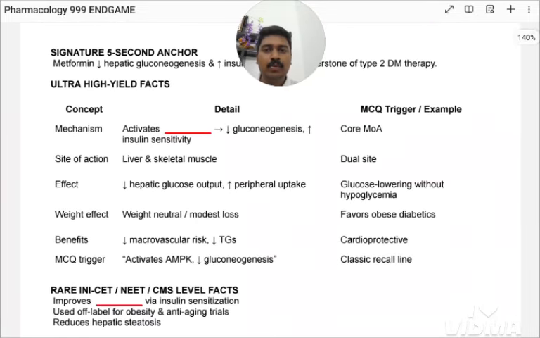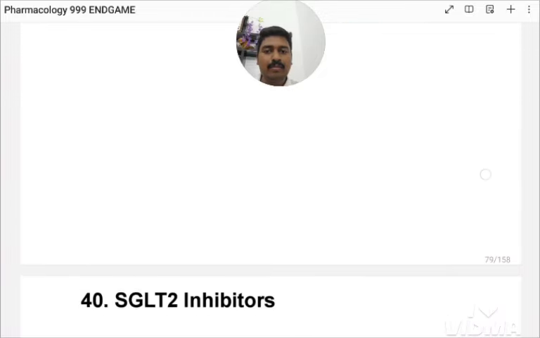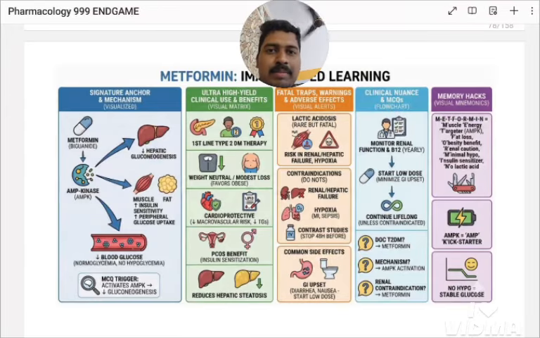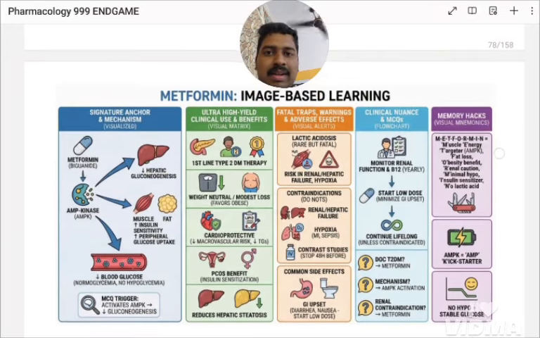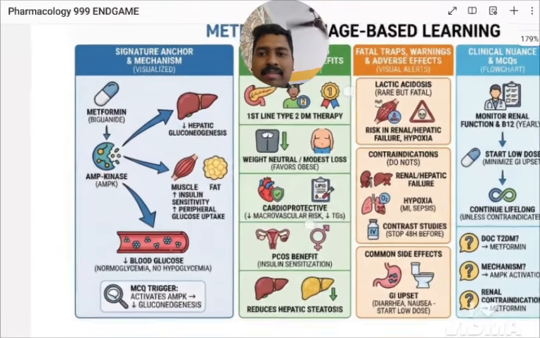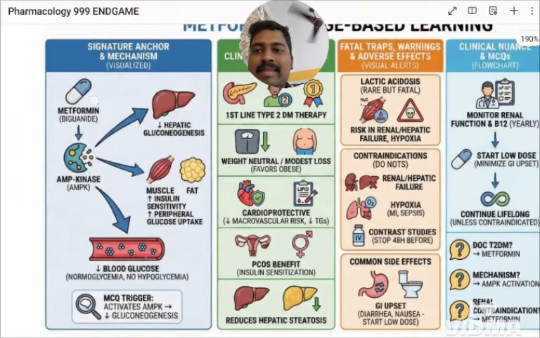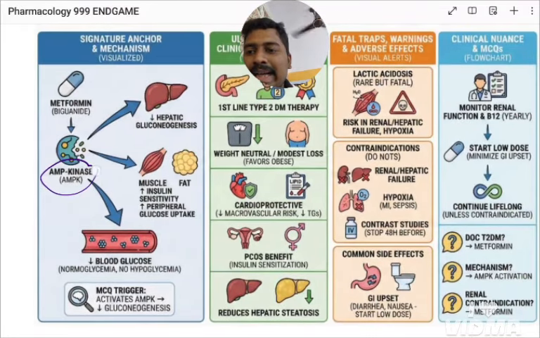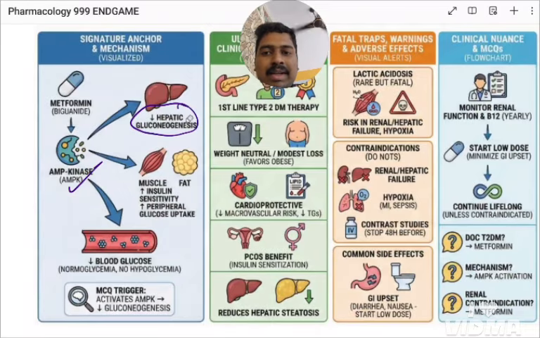Okay, next, quickly one more drug, that is metformin. So metformin's basic mechanism of action: it's a biguanide basically. It will activate AMP kinase, which in turn decreases hepatic gluconeogenesis, as a result of which glucose production is decreased.